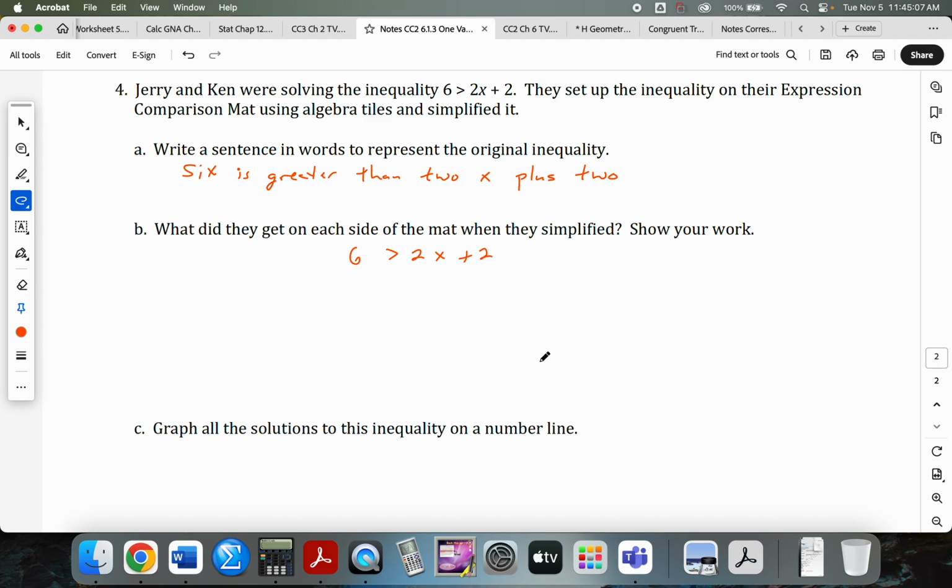So what could we do to simplify this one? What can we get rid of on both sides? Yeah, we could take 2 positive tiles away on both sides. So we've got 2 x's and we're comparing that to 4.